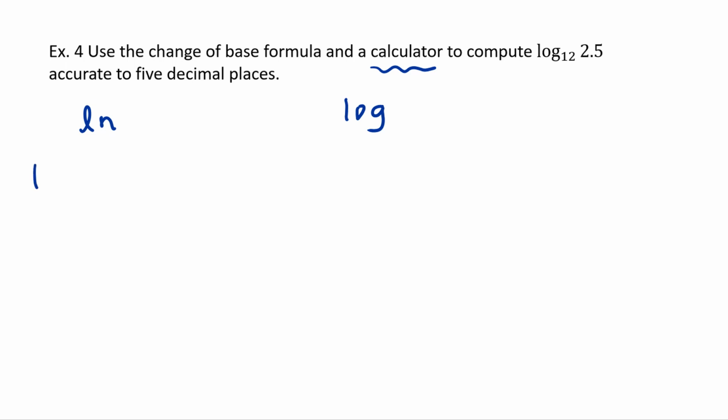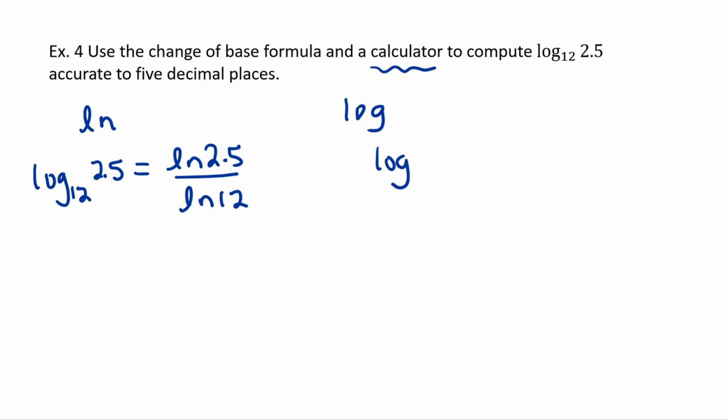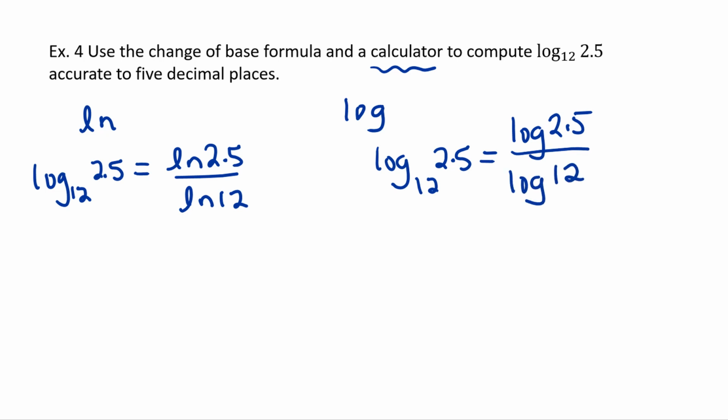Either way, we would write log base 12 of 2.5 is the natural log of 2.5 divided by the natural log of 12. And if we use the common log, then we would write this as log base 12 of 2.5 is equal to the log of 2.5, that's understood to be base 10, divided by log of 12.